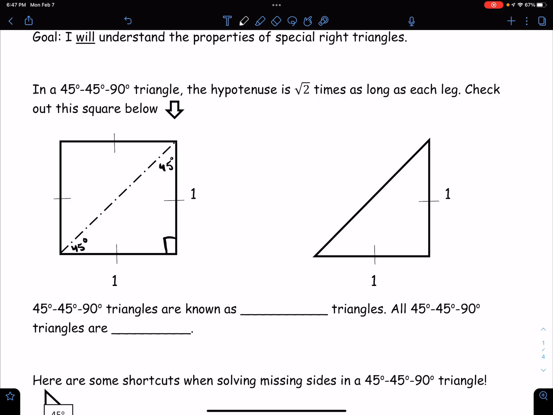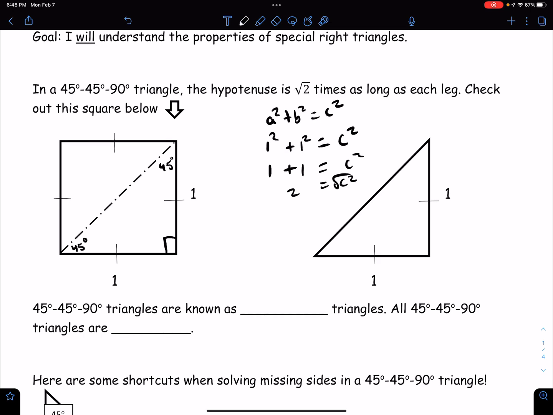Okay, so now it gets really interesting. What if I cut the square in half? So now I have this length here. Well, I know from the last unit by the Pythagorean Theorem that a squared plus b squared is equal to c squared. So in this case, I have 1 squared plus 1 squared is equal to c squared. 1 squared is 1, 1 squared is 1, so 2 equals c squared.